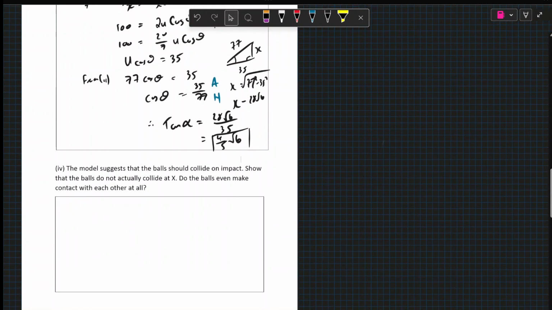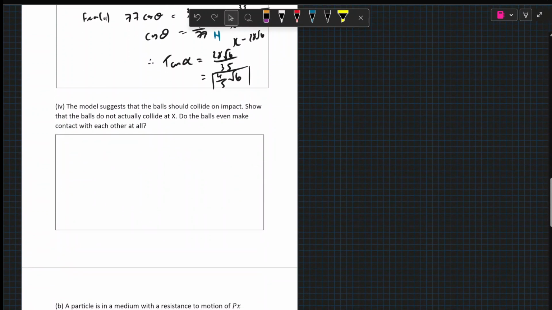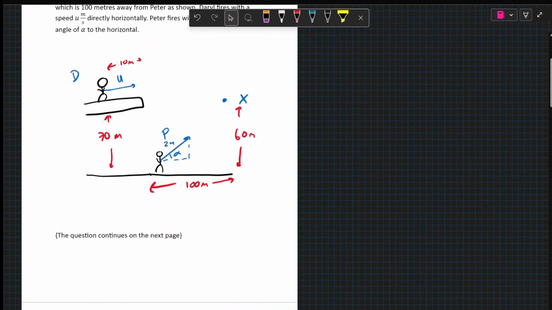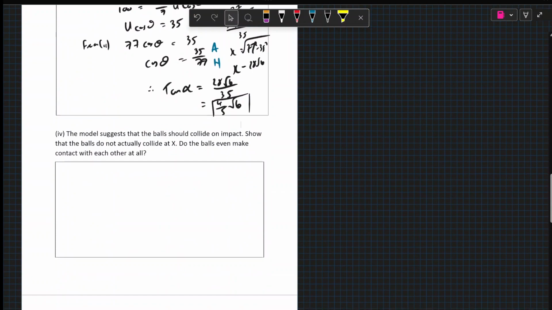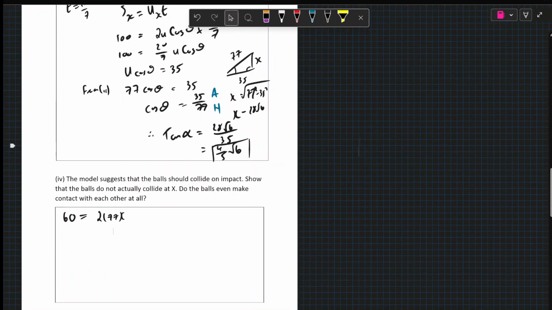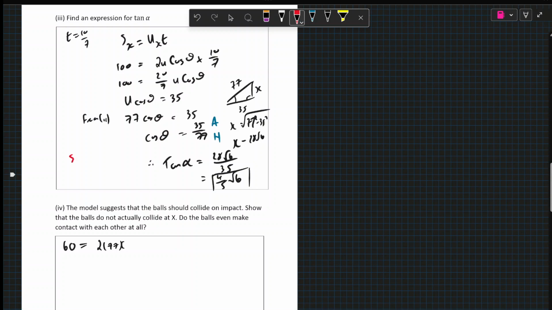Now, the model suggests that the balls should collide on impact, but the balls do not actually collide at X. Right. Well, when we have the SY equation for this, for Peter, it says that it should be 60 equals, well, we have 2 times 77 times sine. Now, sine is opposite over hypotenuse, so sine alpha is 28 root 6 all over 77, which, oh no, they have a factor of 7 in them.